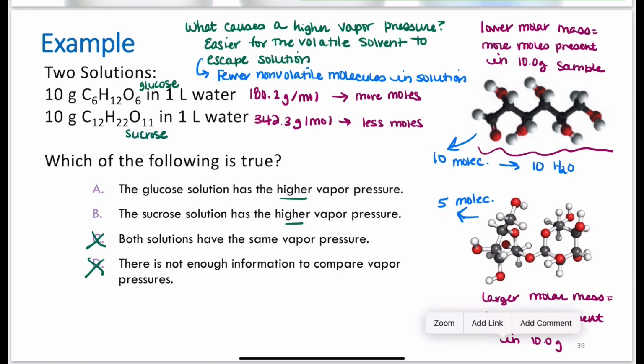These 5 sucrose could hold back 5 water molecules. Again, it doesn't matter what they are, it matters how many there are when it comes to colligative properties. So don't worry about everything else, it's how many are there. Glucose is going to hold back 10 water molecules, sucrose is going to hold back 5 water molecules. That means that the sucrose is allowing more water molecules to escape.